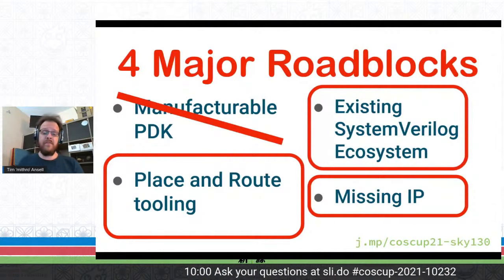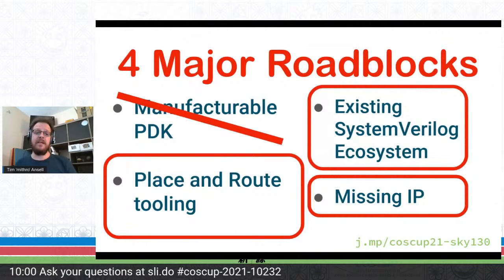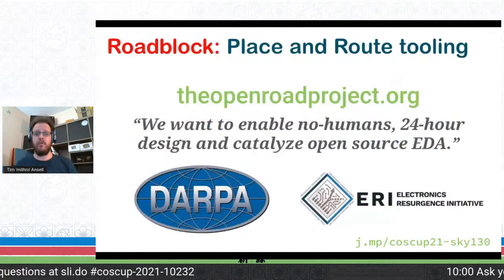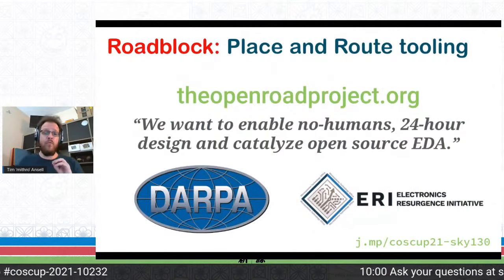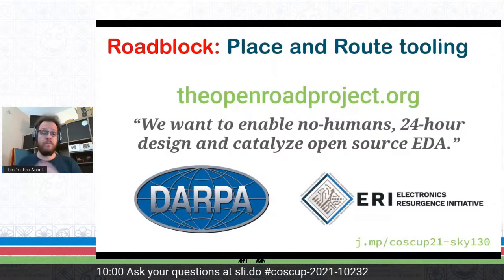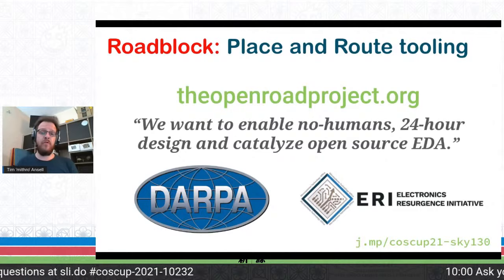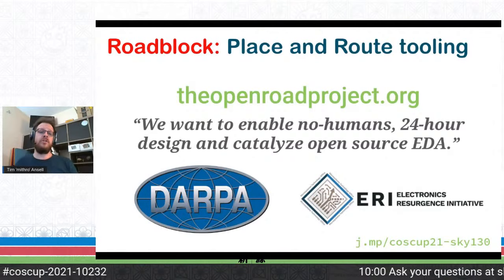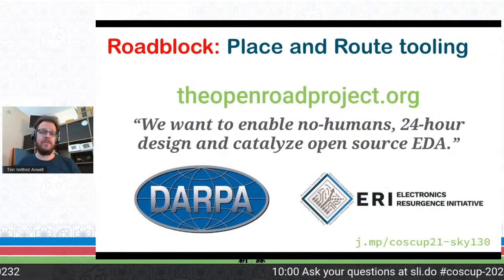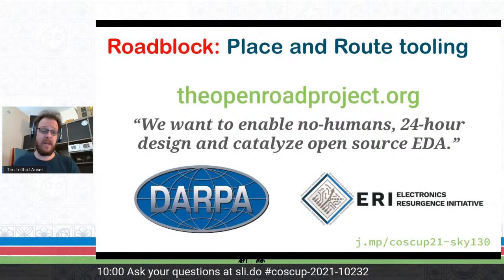When I gave the paper, place and route tooling was still in its infancy in the open source world. Luckily, we weren't the only people to notice this. The DARPA group in the US government had also noticed this and launched a program called IDEA, which as part of that developed this thing called the Open Road Project, which we're now using very heavily.